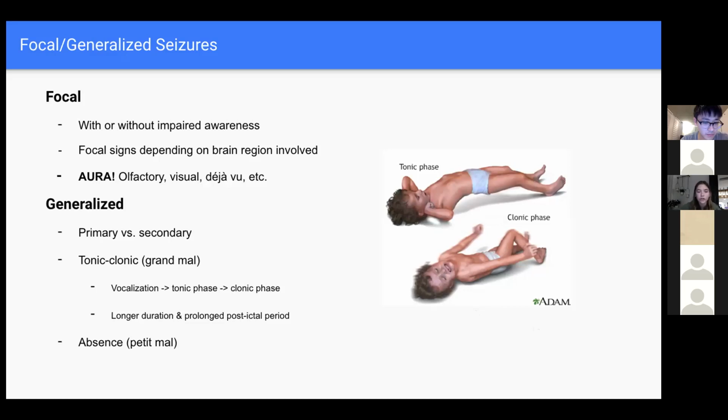And for generalized seizures, you can have primary versus secondary. Primary means the seizure is generalized originally, versus secondary means the seizure starts focally and then spreads generally. The two main types that you saw in class were tonic-clonic, which starts with a vocalization, and then a tonic phase, illustrated here on the right, and then a clonic phase, also illustrated here.